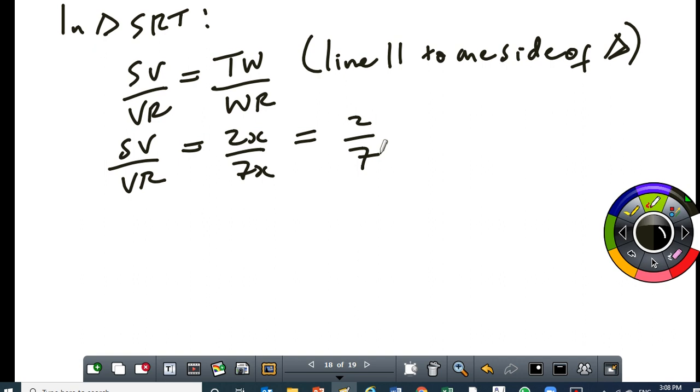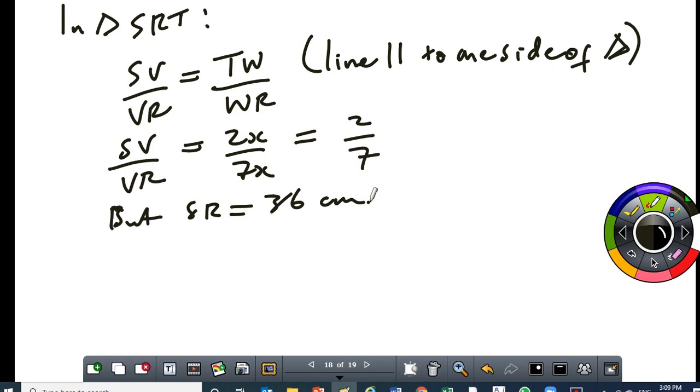I can calculate using SR as well. Remember, SR is equal to 36 centimeters. So it means that I can use this ratio 2/7. Remember what I told you about ratio on Monday? The denominator will be 2 plus 7, which is the what?